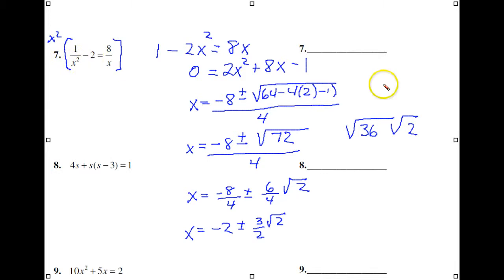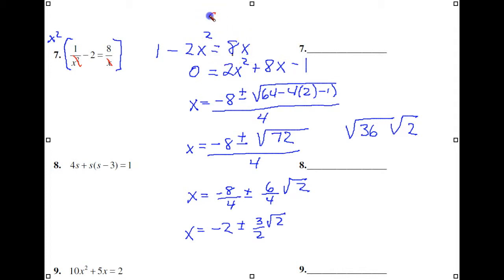So as we look at example 7 here, we want to get rid of our denominators. So our lowest common denominator is x squared. So here the x squares cancel out, and we're just left with the 1. Then here it's -2 times x squared. And then here we're going to cancel one of the x's, and we get 8x.